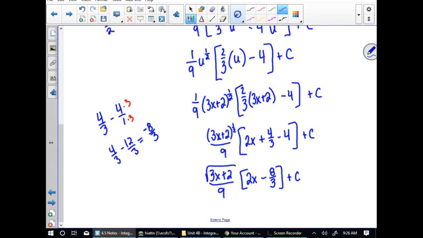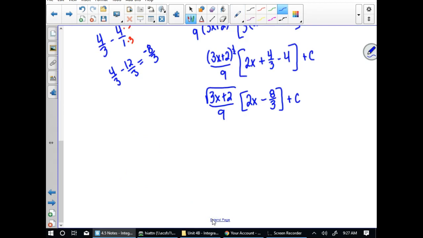You might see it like this. You might take that 9 and distribute. Let me show you something even crazier that they might do here. I hope they don't, but they could. Let's say we were trying to combine these right here, that 2x minus 8/3. Right now that's over 1, so you can multiply that by 3 on top and bottom. So you get 6x minus 8 over 3.